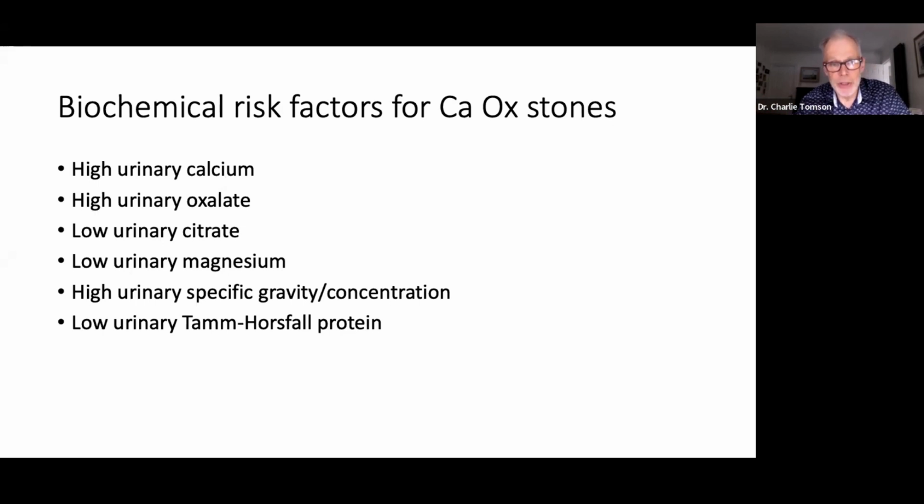Magnesium inhibits calcium oxalate crystallization by slightly more complex means that I won't try to explain. Obviously, the more concentrated the urine, the more likely stones are to form, and a low urinary Tamm-Horsfall protein also is a biochemical risk factor for kidney stones, but not one that we can easily modify.